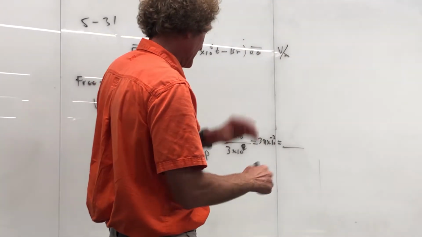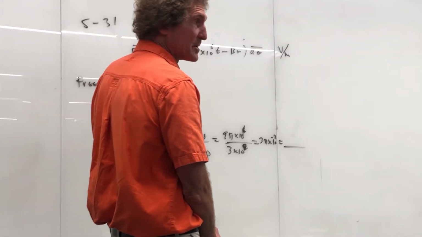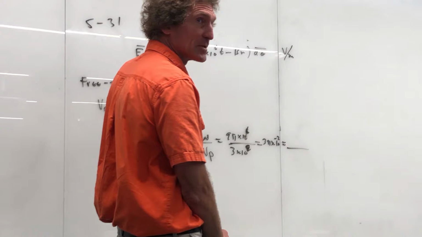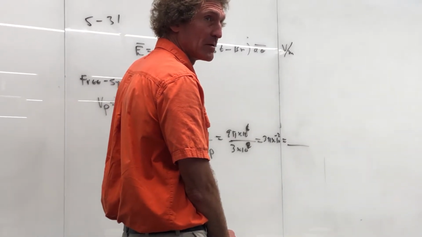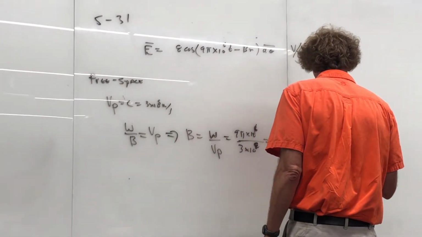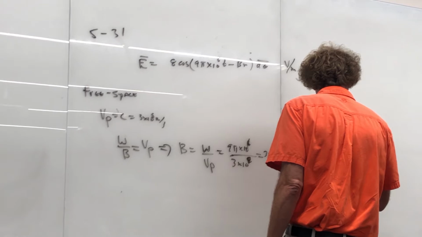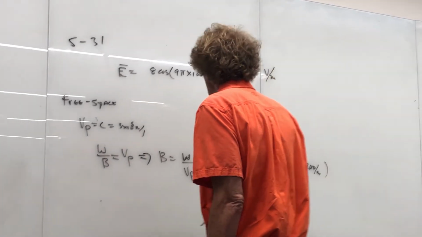And you could tell me what that is. That's 0.09 something, isn't it? I don't know exactly. What is it? Ivan, do you know? 0.0942. All right, so that's radians per meter. What else do they want?